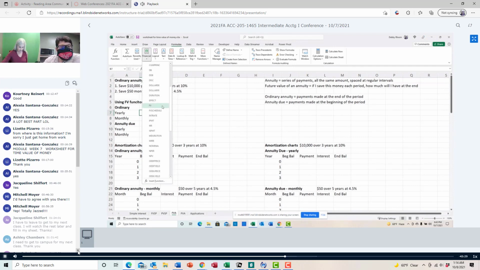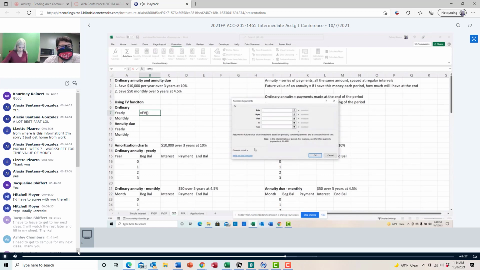We're going to use the same FV function. Remember when I said PMT is for the payment made each period? So in this case, because we're saving $10,000 per year over 3 years at 10%, our rate is 10% divided by 1. So you can leave off the divided by 1. It's just 10%. Our number of periods is 3.